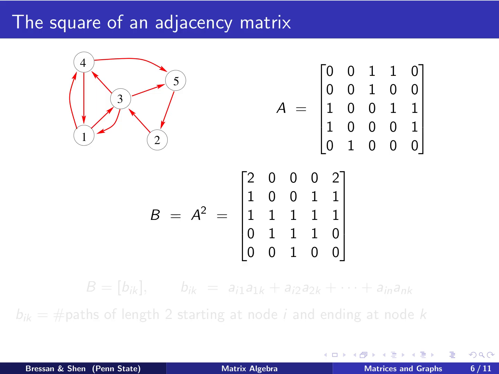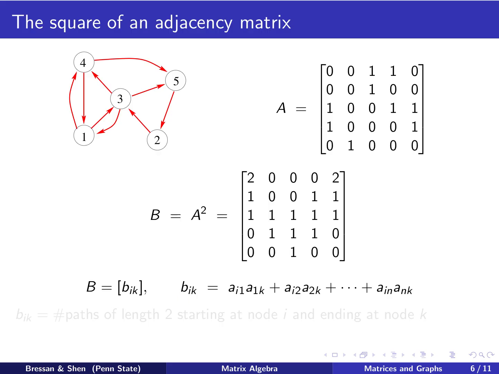Now we are wondering about the following question. What if I compute the square of this matrix A? I work out A times A, which is this thing here. Let's call this matrix B. So what does that matrix B represent? Let's write out B now. The element is Bik, and B is A squared.